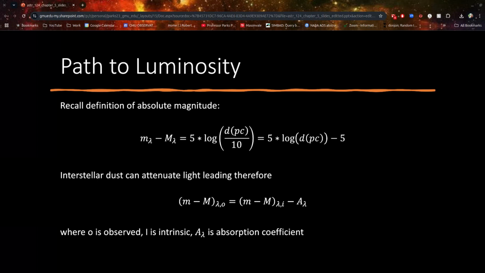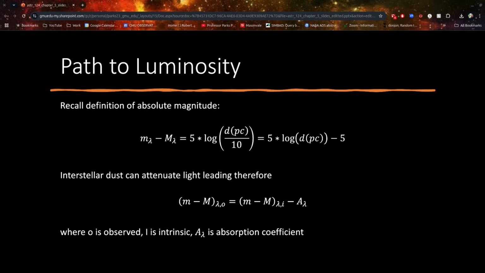Now, I mentioned this word extinction. Again, I'm not going to get too far into it here, but what dust does is that it attenuates the light. Basically, it will scatter the light coming from the object out of our line of sight, so it never reaches our telescope. So objects appear dimmer regardless of wavelength.